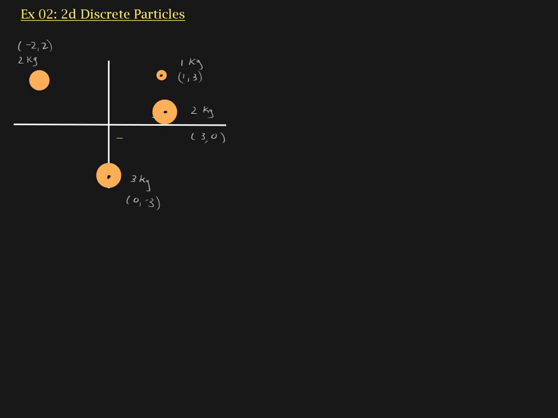This 2 kilogram mass is also to the right, a distance of 3 meters, and it will more than offset the one that's on the left. And so we should clearly have a center of mass which is somewhere to the right of the origin and somewhere in the vicinity of the x-axis for the y-coordinate.